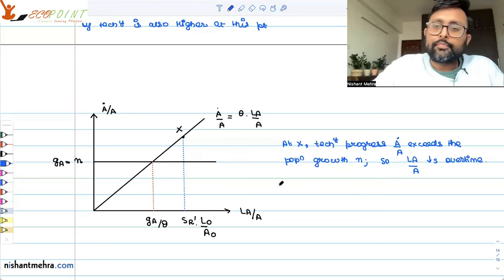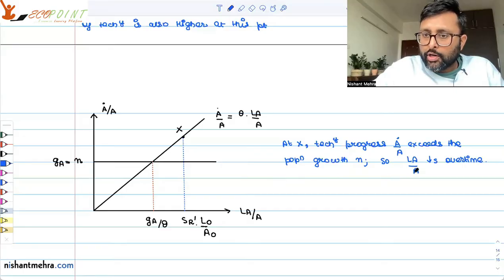Falls over time, right? LA by A is falling over time. Technological growth rate is growing more than the growth rate of population.